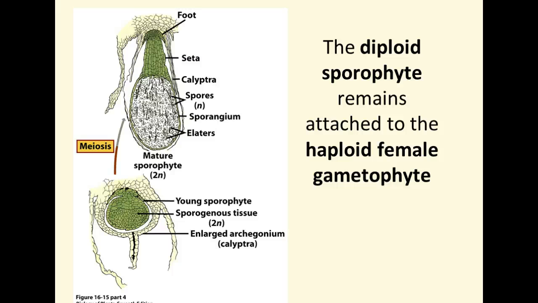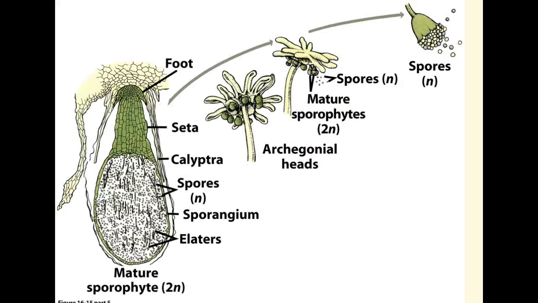But then there's also these structures called elaters, which look kind of like little lines on the inside. Okay, so here are those elaters again. So what's going to happen is that you have these mature archegonial heads, and the sporophytes actually grow down from that umbrella. So isn't that weird?